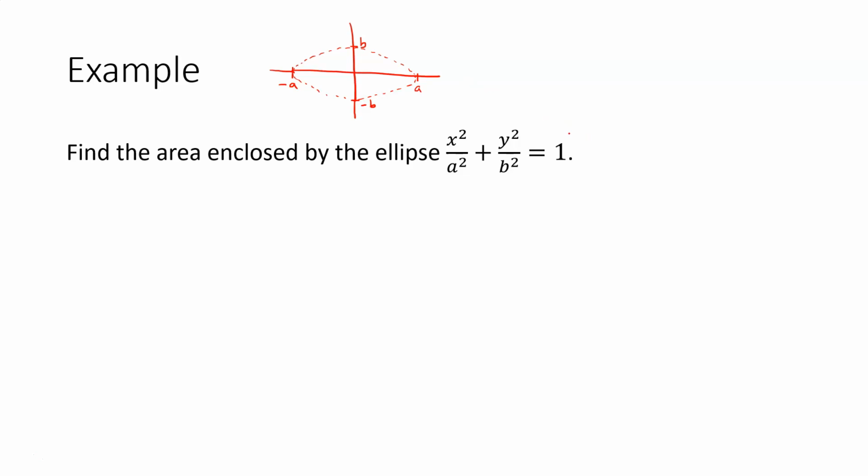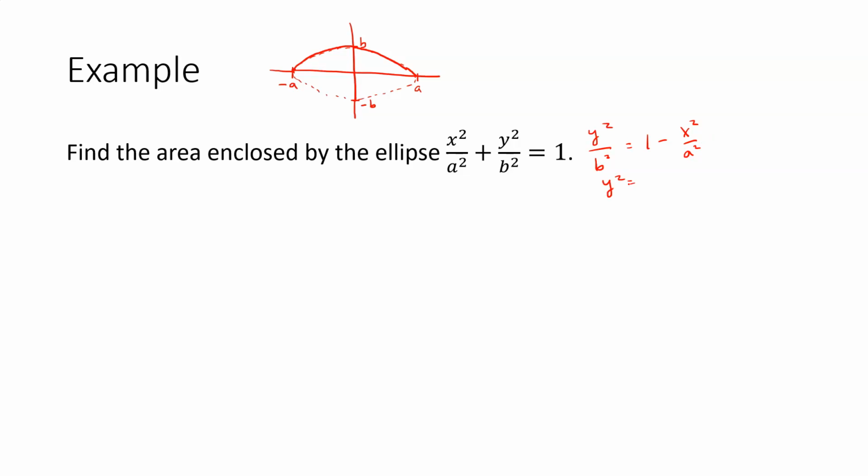One thing I could do is isolate the y in this equation, so I can express the function that gives me the top half of this ellipse. So doing that, I would have y squared over b squared equals 1 minus x squared over a squared. And then I can multiply the b over here.